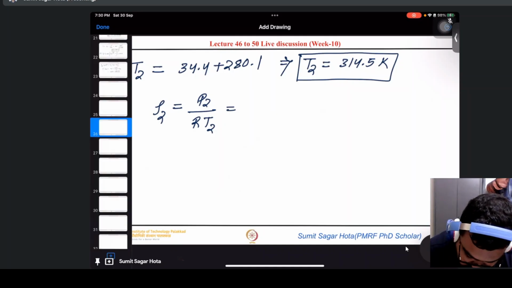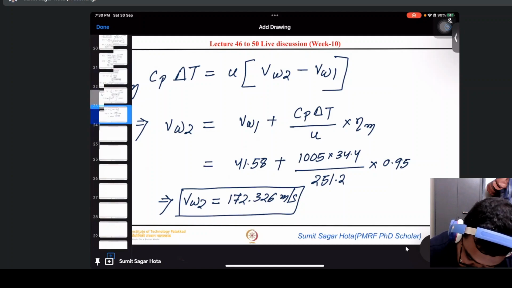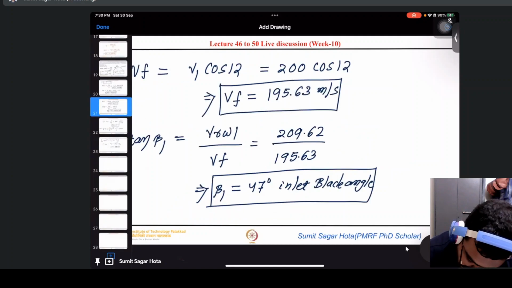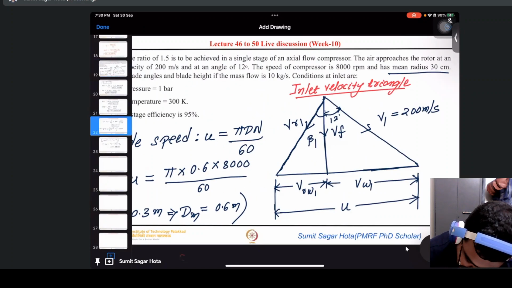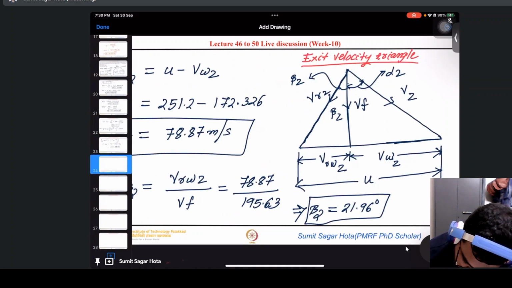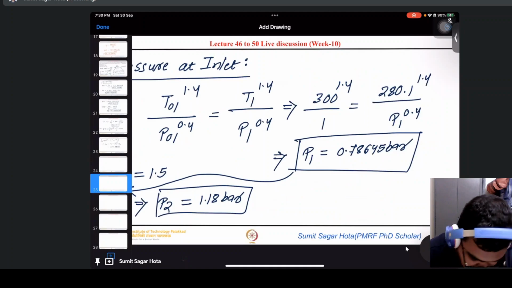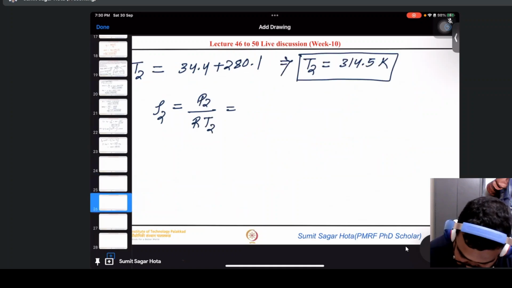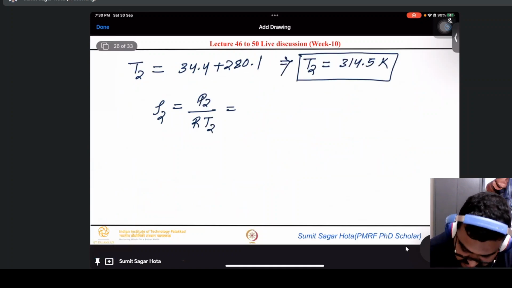We find out now only P2, 1.18 bar. 1 bar is 10 to the power 5 Pascal.